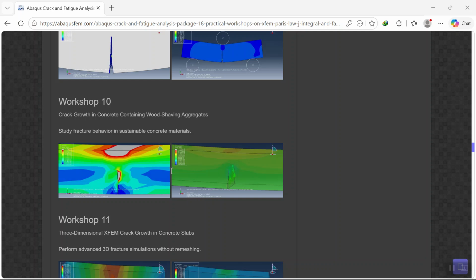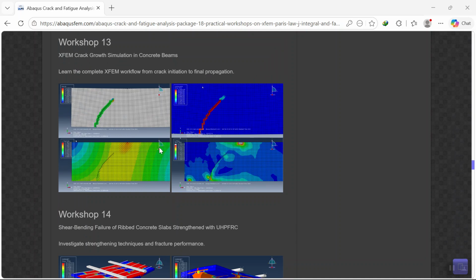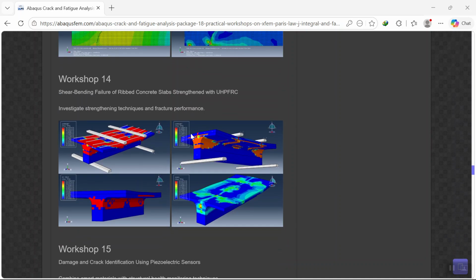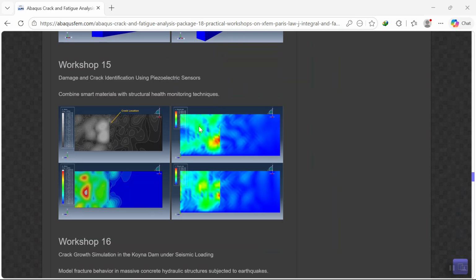And then you will have a J integral model, crack growth in a 2D model, then the shear bending in the slab, crack definition, and then the crack identification using piezoelectric.